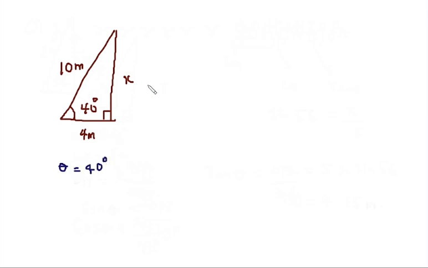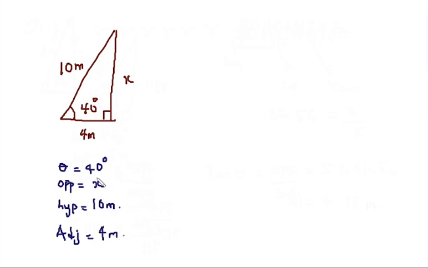We're also given the opposite of this angle, which is equal to x. We're given the hypotenuse, which is equal to 10 meters. We're also given the adjacent side, which is equal to 4 meters.